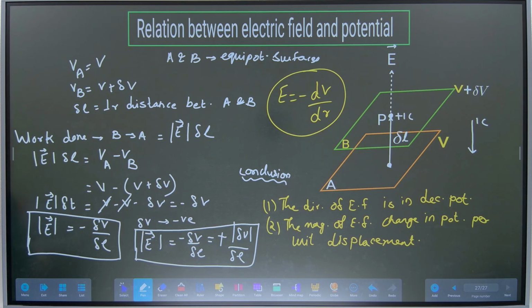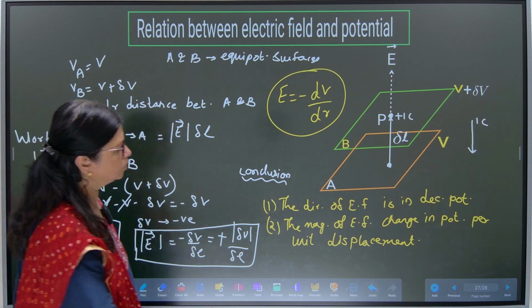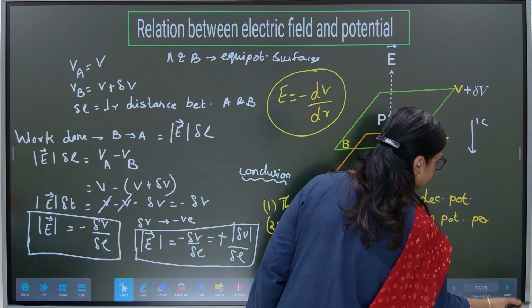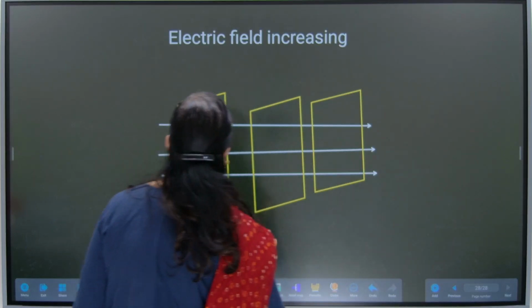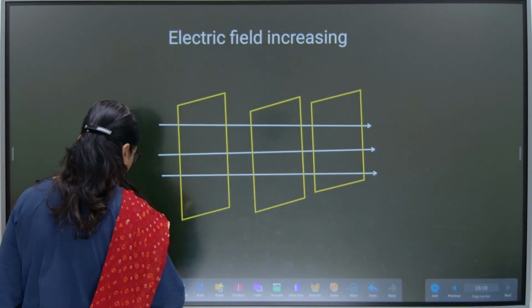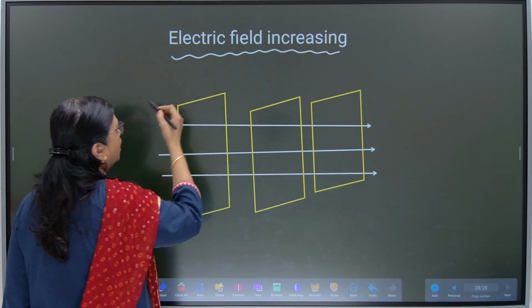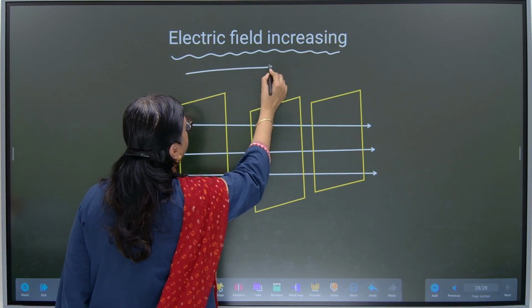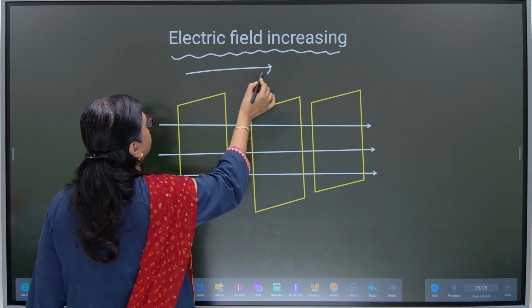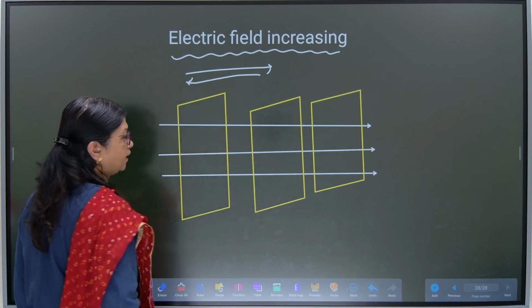Take a pic. Now let us go to the next page where we will draw the equipotential surfaces for increasing electric field or decreasing. So this way I have shown increasing electric field. So this way if I show it is decreasing electric field.